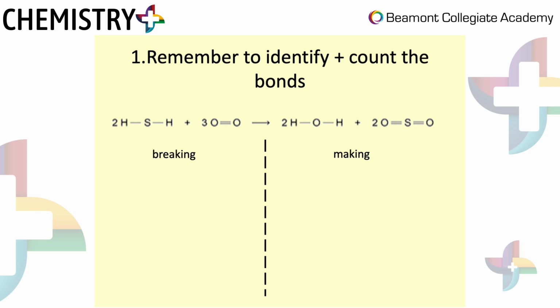If we look at this, we've got this number in front. That tells you that it's 2 lots of everything that we've got here. So this would be 2 lots of HS, HS. So that's 4 lots of those bonds. So that would be 4 times HS. Could you do the rest?